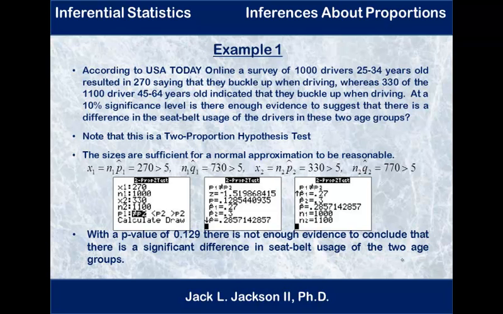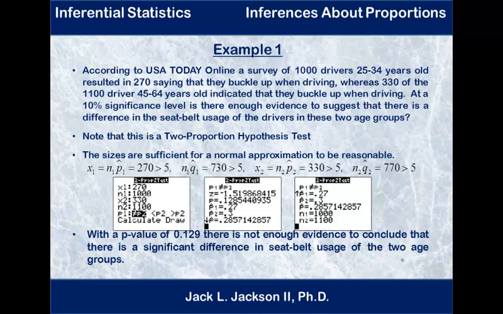Notice that n1 p hat 1 is 270, n1 q hat 1 is 730, and then x2, which is n2 p hat 2, is 330, and then 770 for the others. So we're looking at the number of successes and the number of failures in each sample, and each of those 4 numbers needs to be at least 5. The bigger the better. In these cases we got reasonably large numbers, so we're going to get a reasonable estimate here.